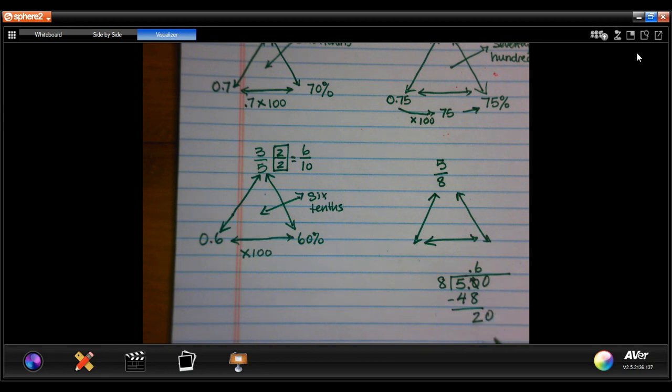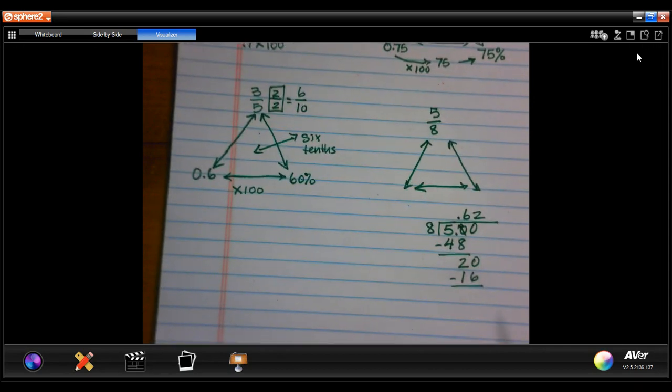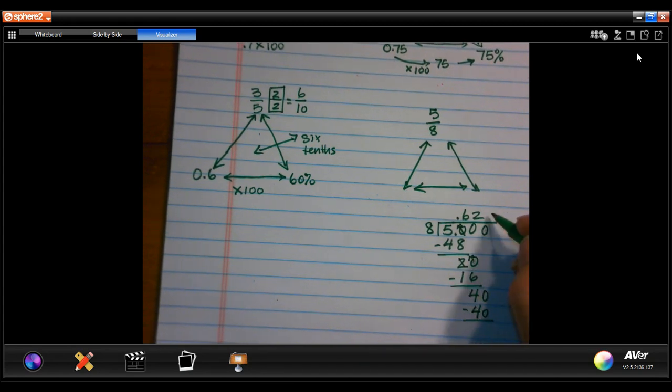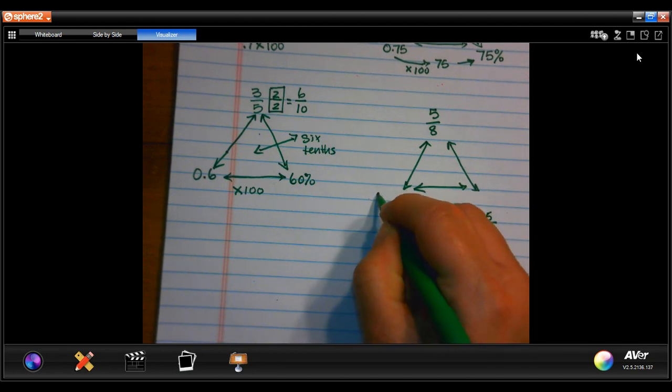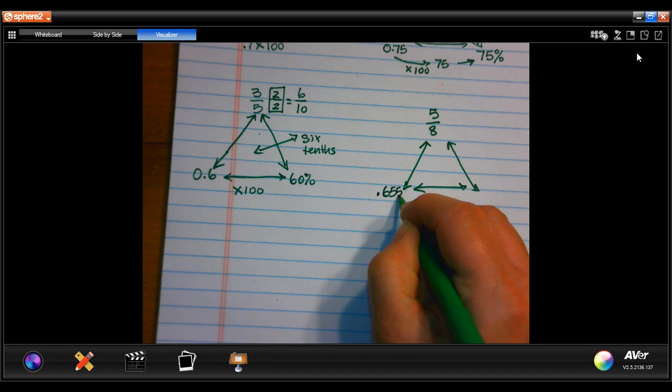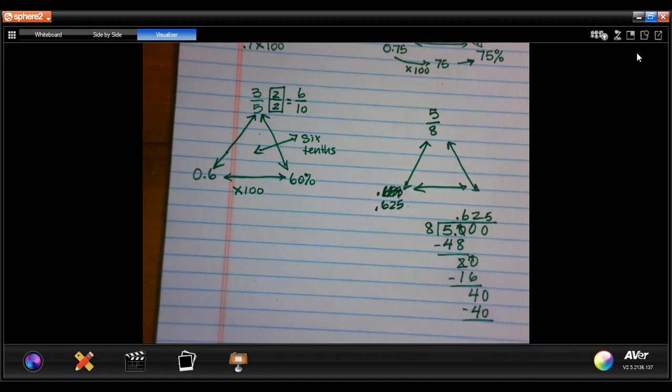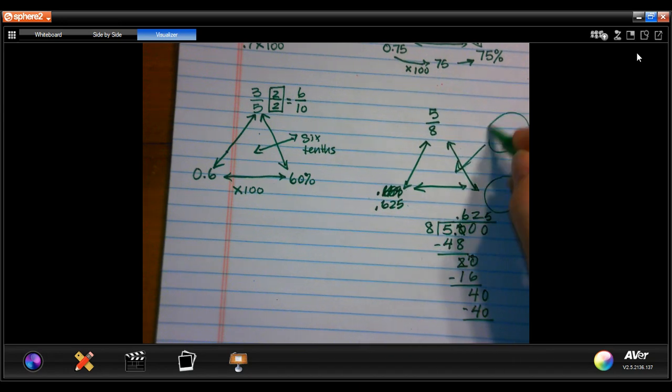Bring down another 0. And do my subtraction. Bring down another 0. And that would be 625 thousandths. So that's as far as I'm going to go with that problem. And then I'm going to let you finish this part and then what goes in the middle.